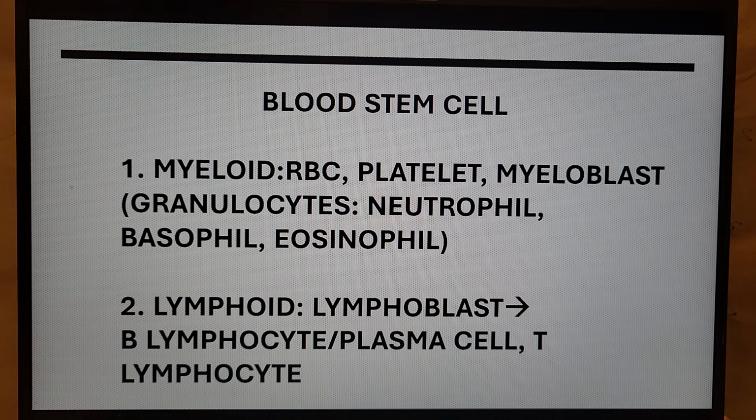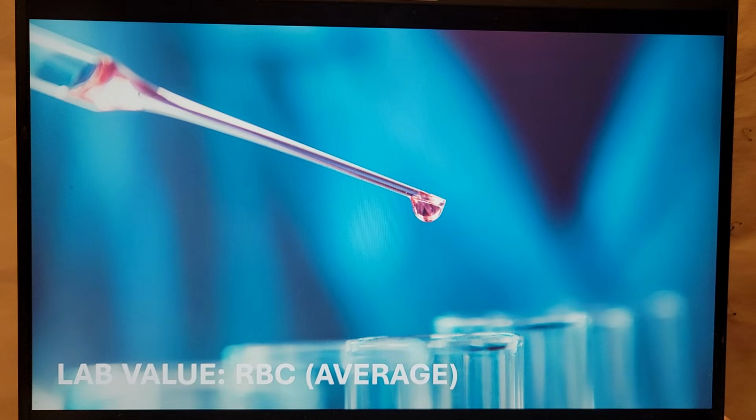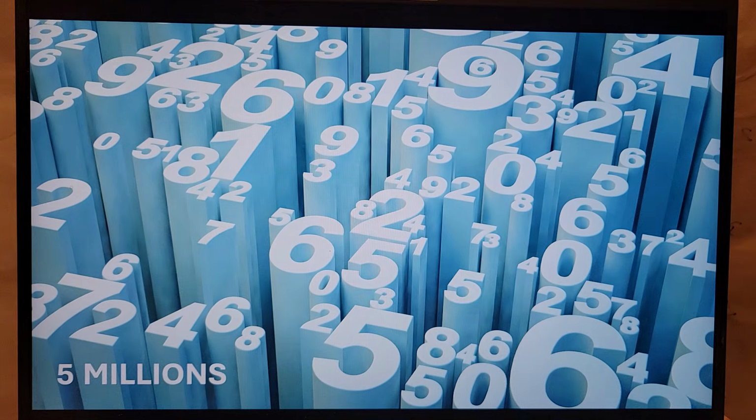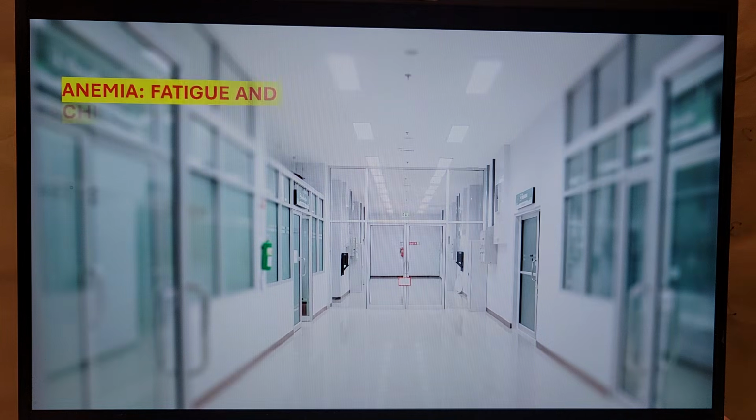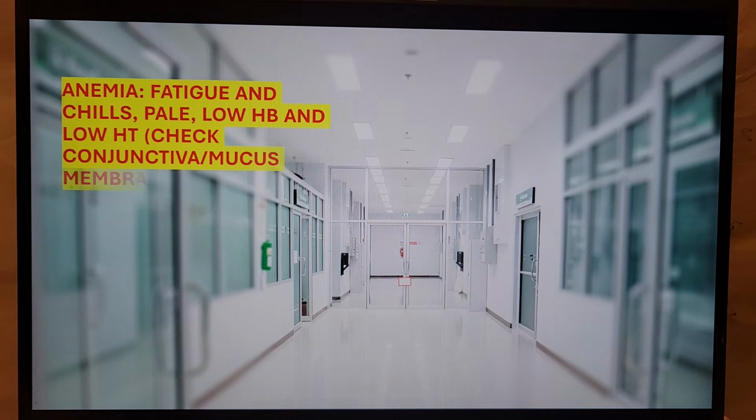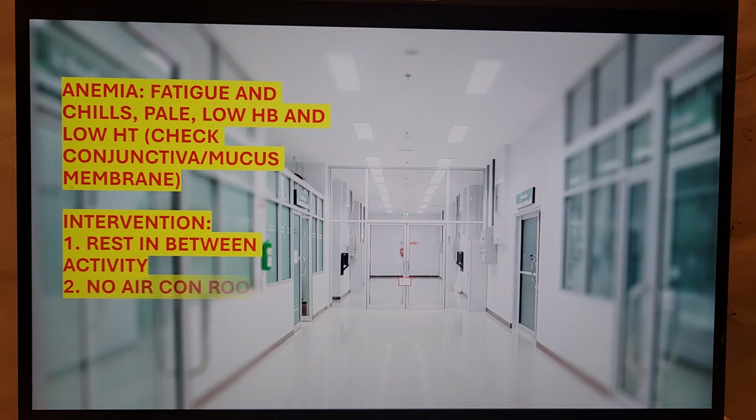Alright, so this is the stem cell. Please memorize the lab values. Average, right? RBC about 5 million. Ladies will be less because of menstruation. If somebody doesn't have enough red blood cells, they have anemia, correct? And people with anemia will complain of fatigue and chills, so they are always tired and cold.